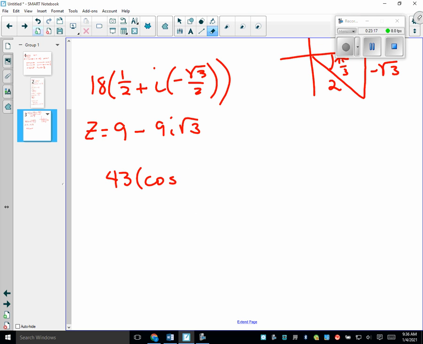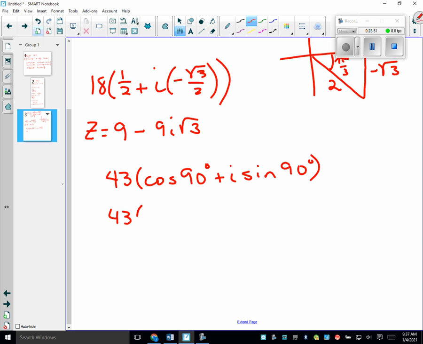I don't want pi there. I want 90 degrees. Why not? What's wrong with 90 degrees? Oh. Use your brain. What's cosine of 90 degrees? Isn't it 0? Oh, easy. It is.